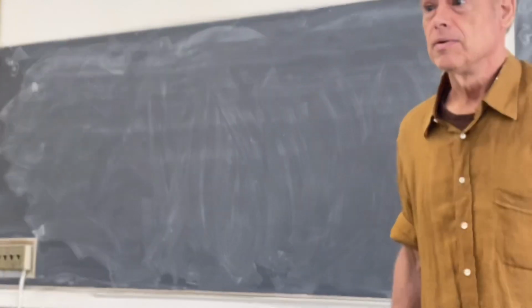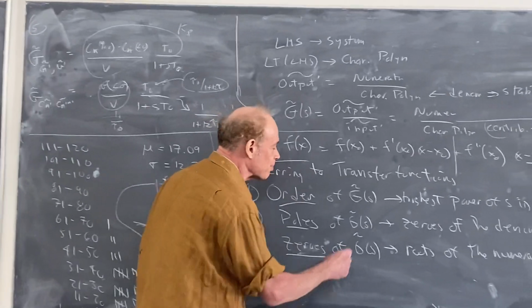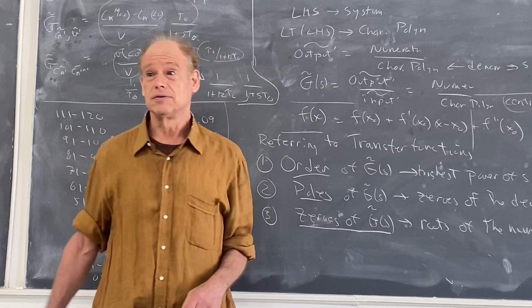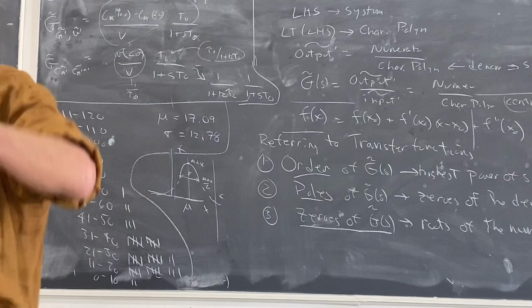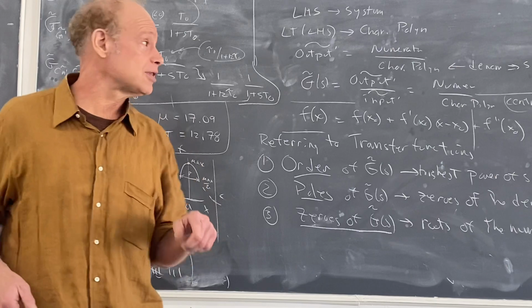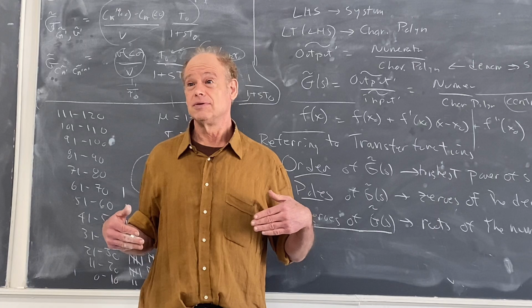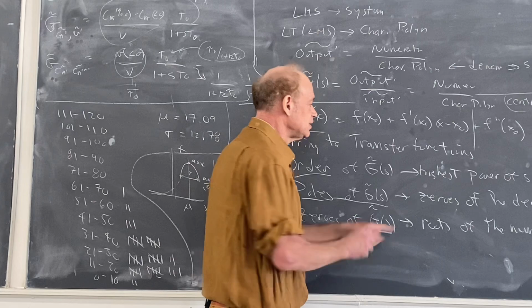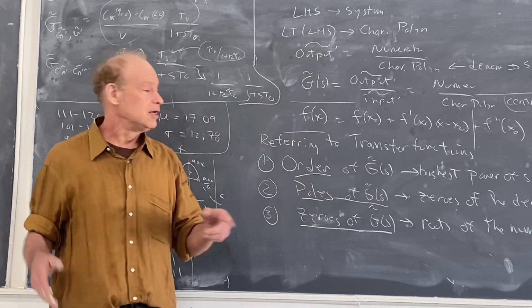Is there a reason you use zeros in one line and roots in the other? To me, they're the same. Yeah, because the zero of G tilde is when G tilde is 0, so it refers to the numerator. The poles are when the denominator is 0. So when I'm referring to the denominator of G tilde, I say pole.